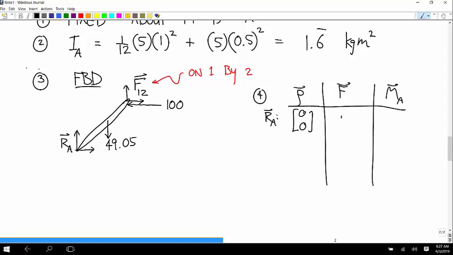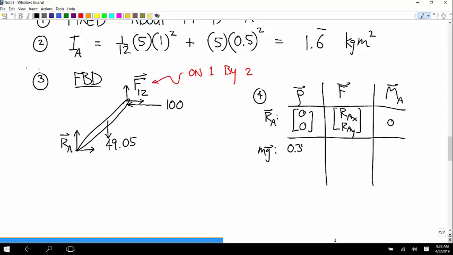The force vector is RAX, RAY, and the cross product is 0. And then the weight force, the rho vector is 0.5 times cosine and sine of 45 degrees.